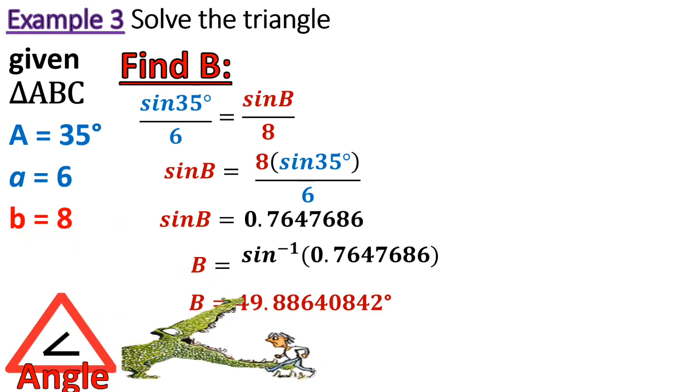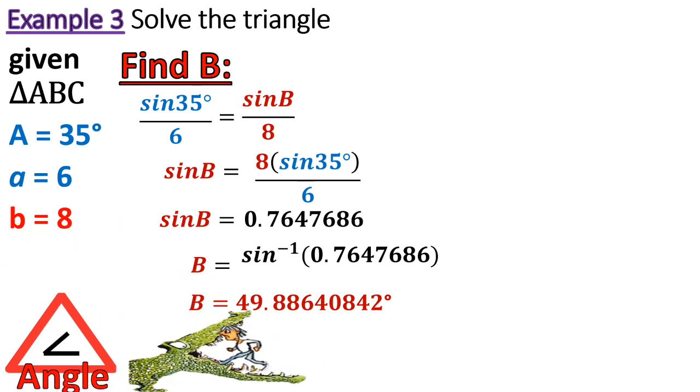Danger. Remember, when you use the law of sines, and the first thing you do is find an angle, then you must check for a second triangle. It is possible with this given information that there are two possible triangles.